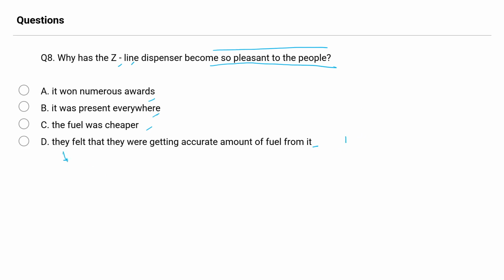Here, they means the users who are coming to get their vehicle filled with fuel. So basically they here are the people who are getting the fuel filled in their vehicles, be it two-wheeler, be it four-wheelers, or more tires like that.